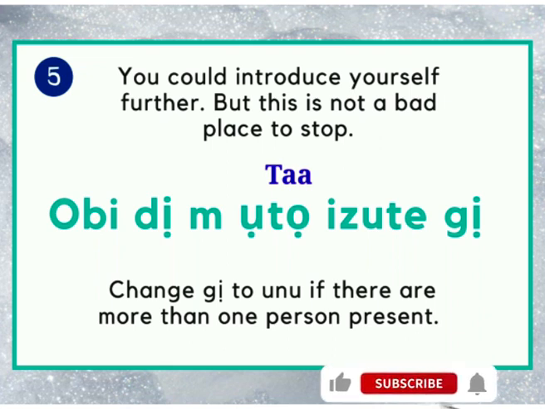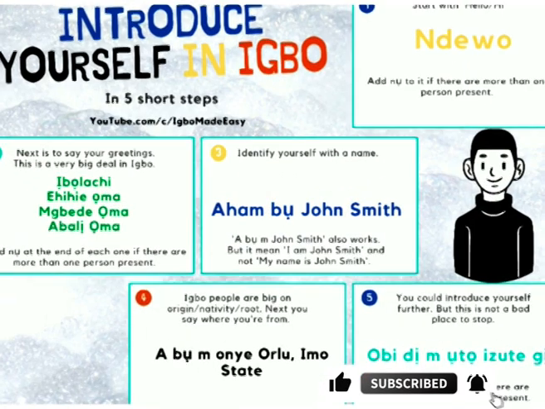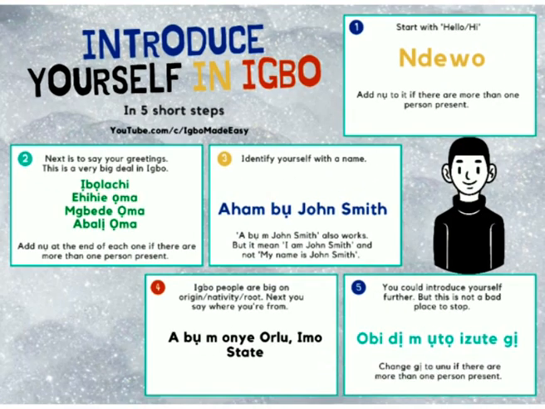And this is how you can end a greeting, starting from the first where you say ndewo to where you greet, which I said if it's an elder, just switch. Feel free to switch. Say your greetings first, and then you can say ndewo as a parting greeting. Then you want to say who you are. Introduce yourself with your name. People are more credible when they say their name and they follow it up with saying where they are from.